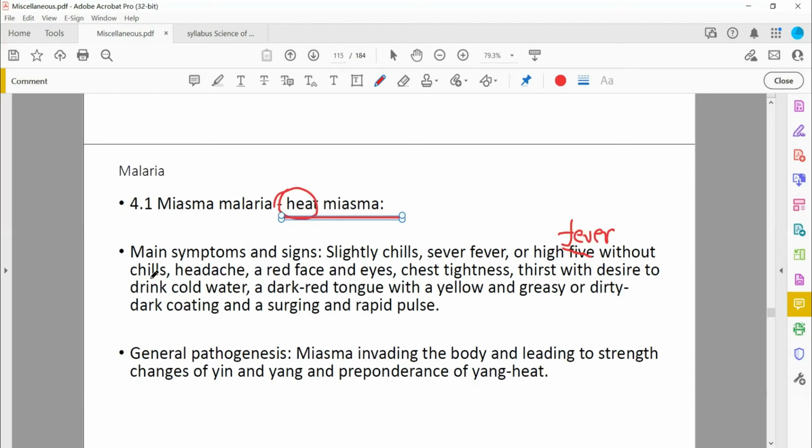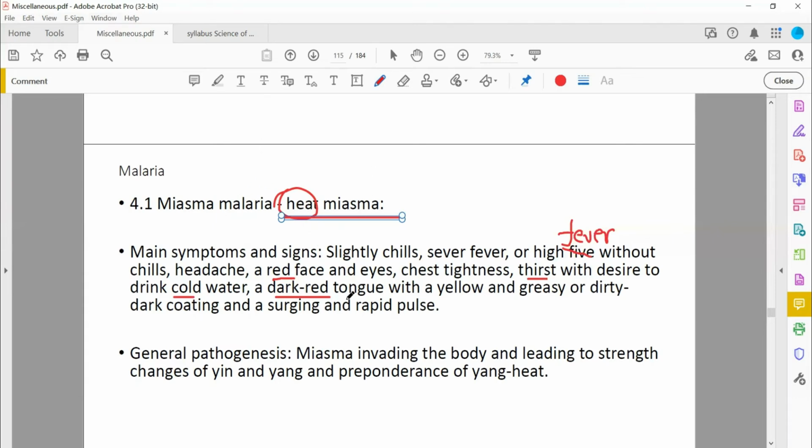High fever without chills, headache, a red face and eyes, chest tightness, thirst with a desire to drink cold water, dark red tongue. That means this heat is so strong, not warm, right? We started with warm malaria.